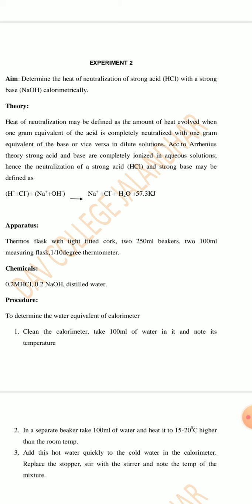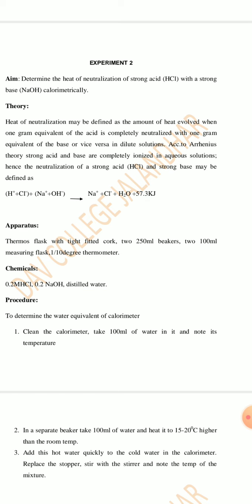Hence the neutralization of a strong acid, HCl, and a strong base, NaOH, may be defined as: HCl plus NaOH gives H+ Cl- plus Na+ OH- to give Na+ Cl- and H2O, that is 57.3 kilojoules.